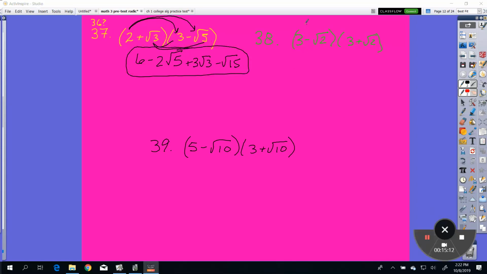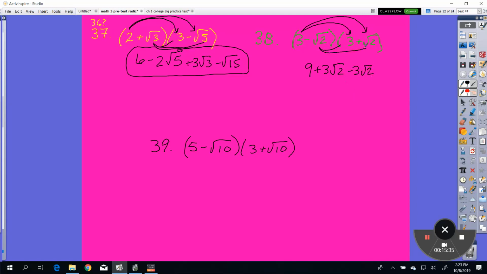38. So we're going to take this 3. There's no signs in between these. It's 2 parentheses, so we're distributing again. So 3 times 3 is 9. 3 times the square root of 2 is plus 3 square roots of 2. And now we have negative square roots of 2 times 3. So that's negative 3 square roots of 2.